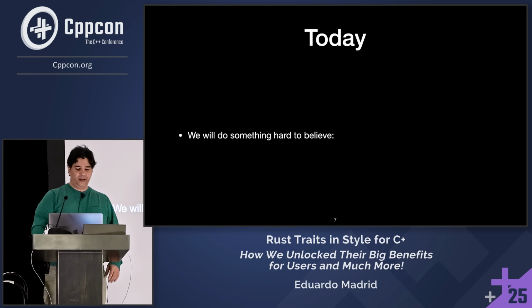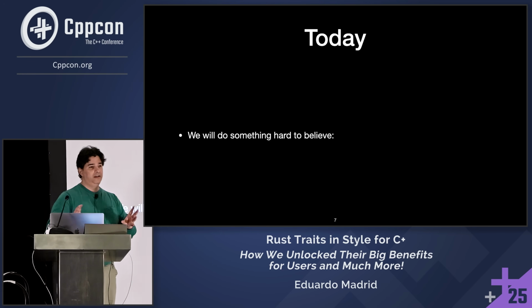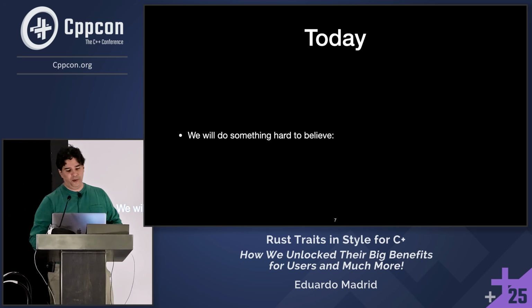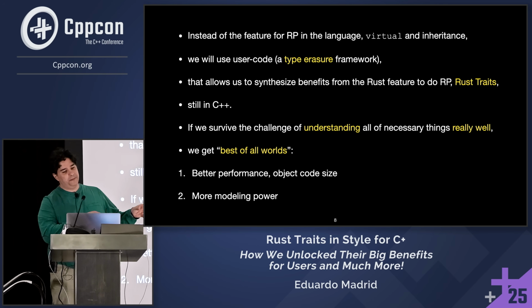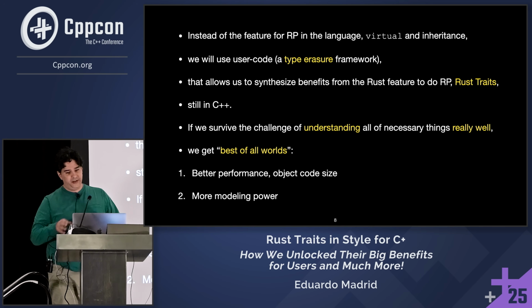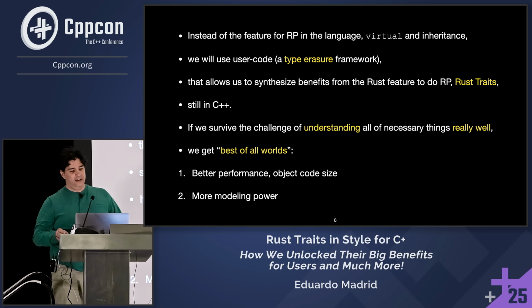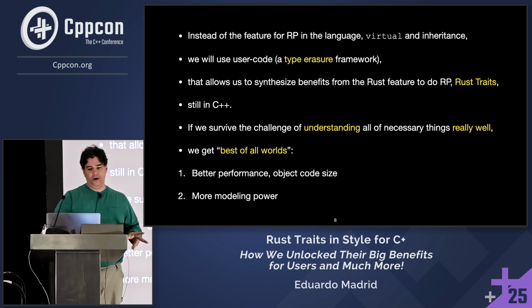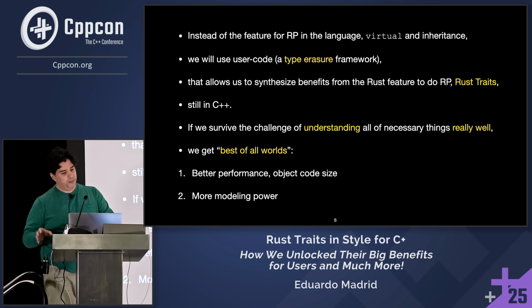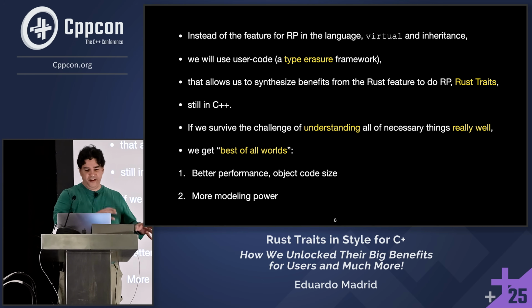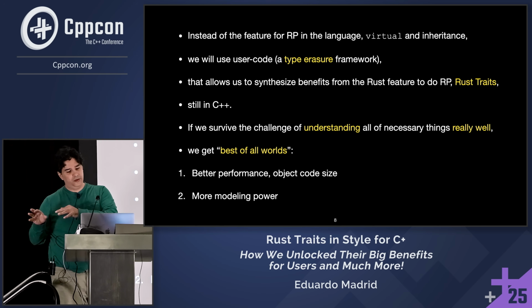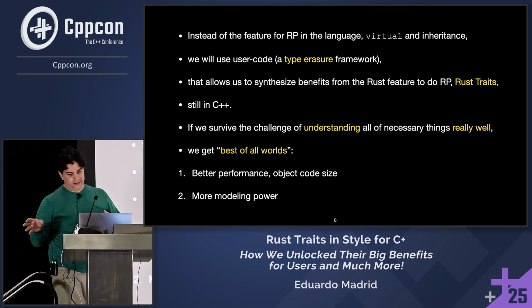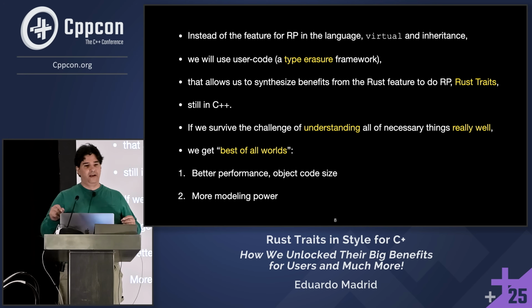What we're going to be doing today is something that is nearly impossible. Instead of the feature for runtime polymorphism in the language, which is virtual inheritance, we're going to use user code, in particular a type erasure framework, that allows us to synthesize benefits from the Rust programming language feature to do runtime polymorphism, which is Rust traits, while still in C++.